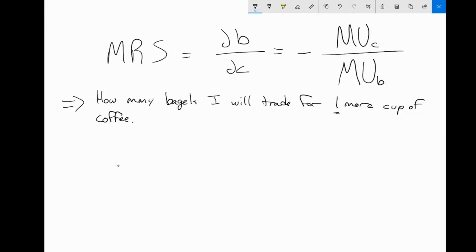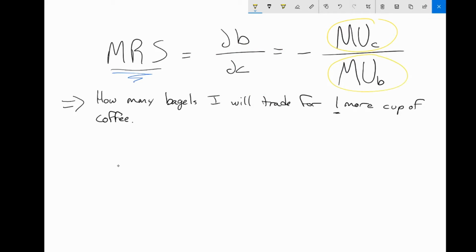Okay, now let's just discuss this for one more second and take this understanding a little bit deeper. Because the fact that the marginal rate of substitution is a function of the marginal utilities of the goods is very interesting, and it can give us a little more depth into our understanding of economic decision making.